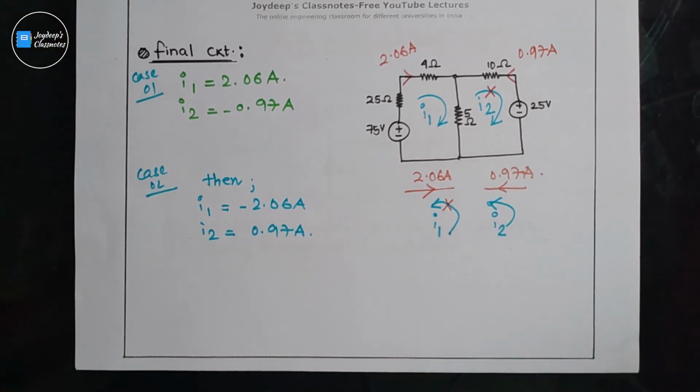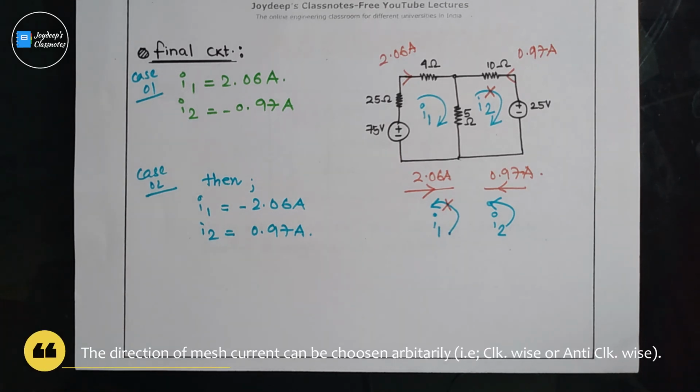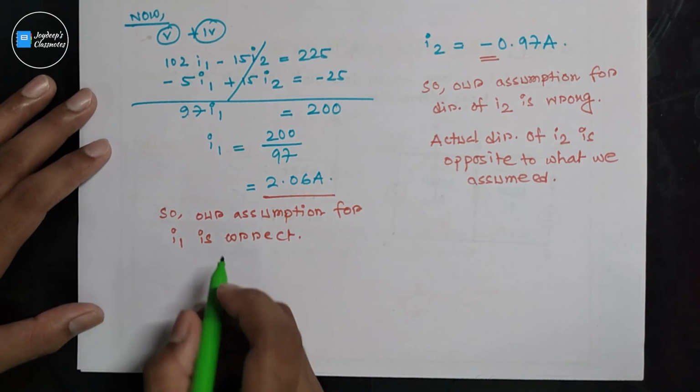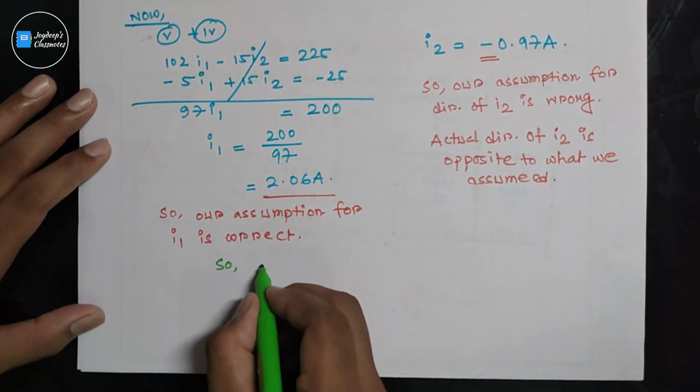Hope you understand. Clear? So actually you can assume any direction for mesh currents. The direction of mesh current can be chosen arbitrarily, that is clockwise or anti-clockwise, and that does not affect the validity of the solution. Clear? So the actual answer is what?